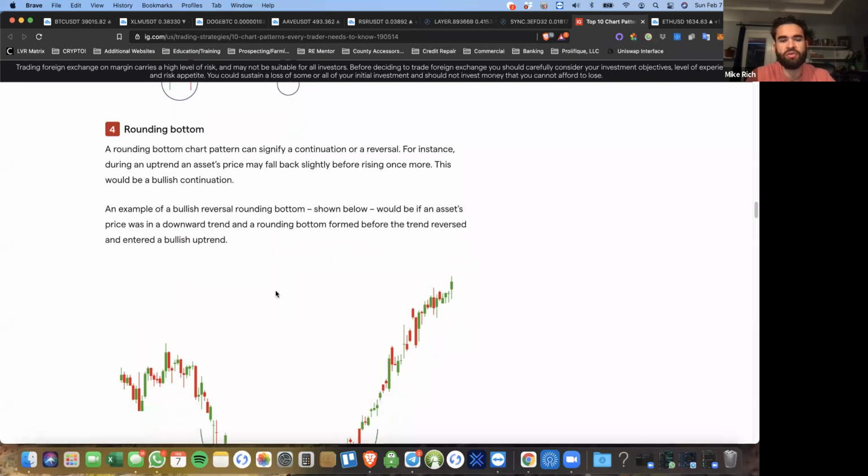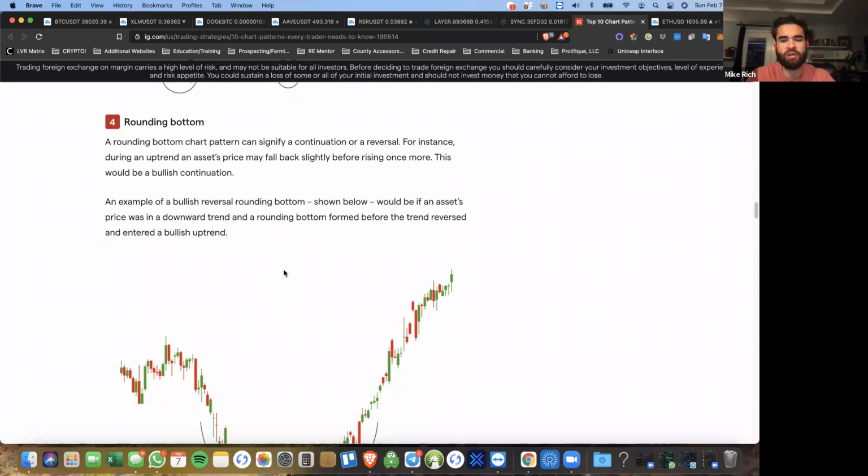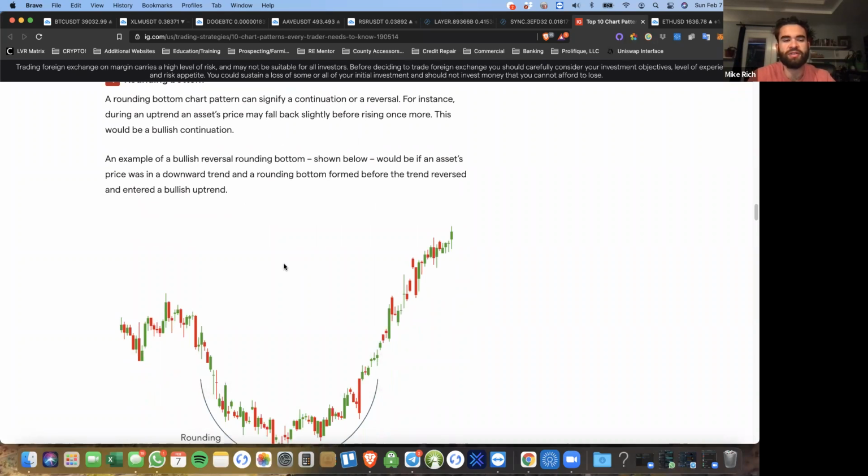An example of a bullish reversal rounding bottom would be if an asset's price was in a downward trend and the rounding bottom formed, ending the trend, and entered a bullish uptrend. So again, guys, the neckline right here, right?